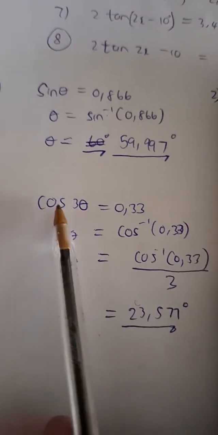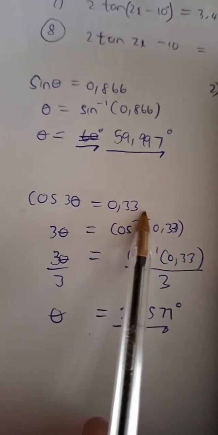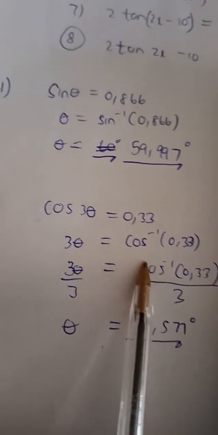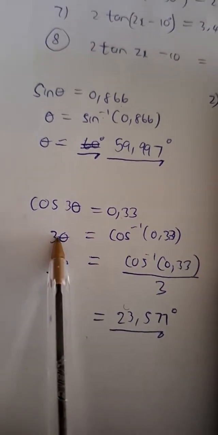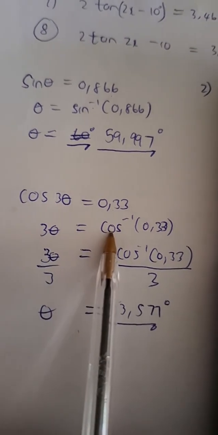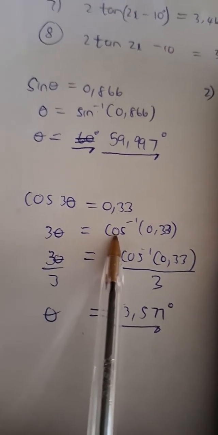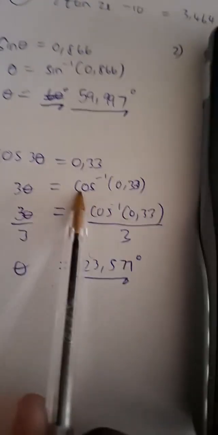Okay, so just again, guys, just to repeat that process. Remember what we said? We take arc cos on the right hand side, arc cos of 0.33. 3 theta is equal to that. No, we're not doing general solution, Madam Zelda. This is grade 10. Grade 10s don't do general solution.